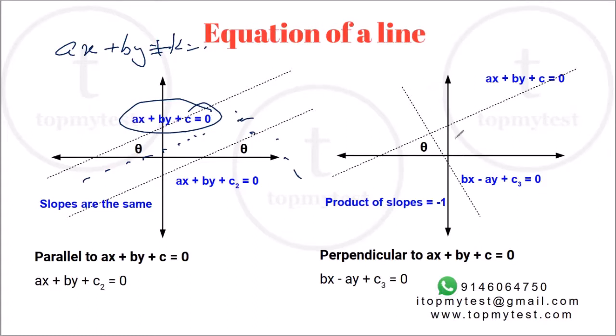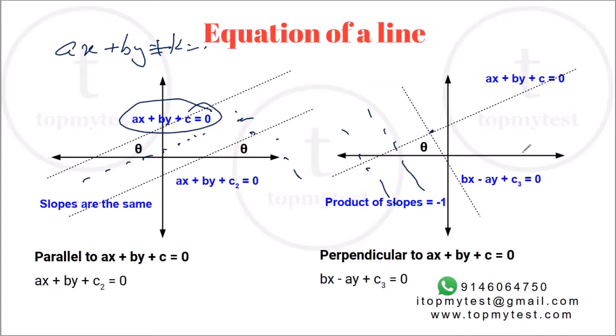Similarly, for a line which is perpendicular to a given line, there will be multiple lines. Now, to find a line which is perpendicular, the key comes from trigonometry again. The product of the slopes will be minus 1.